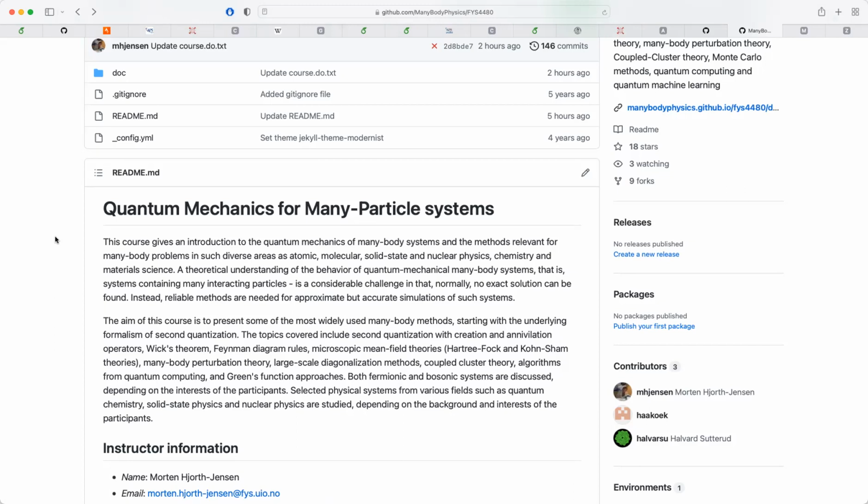Then we can decide among ourselves when we want to have the oral examination. This depends on your schedules. Typically in this kind of course, people like to have the final examination closer to when the winter break begins, so roughly in the second half of December, let's say the 15th of December, something like that. But we can always adapt to your schedules, so we are a little bit flexible.